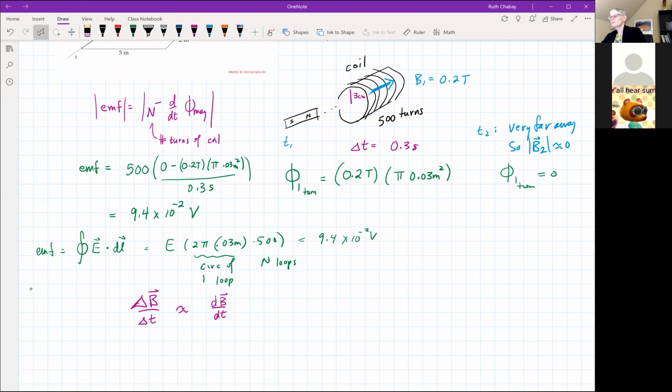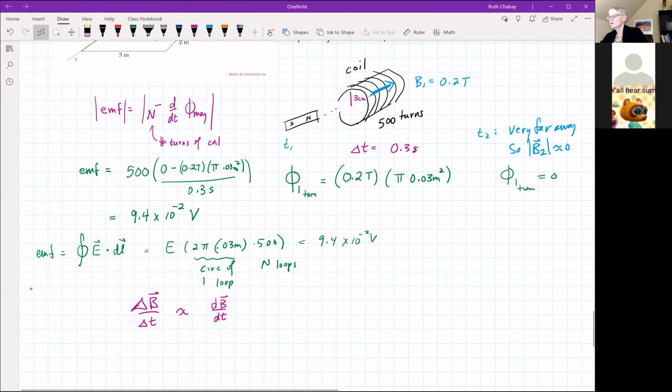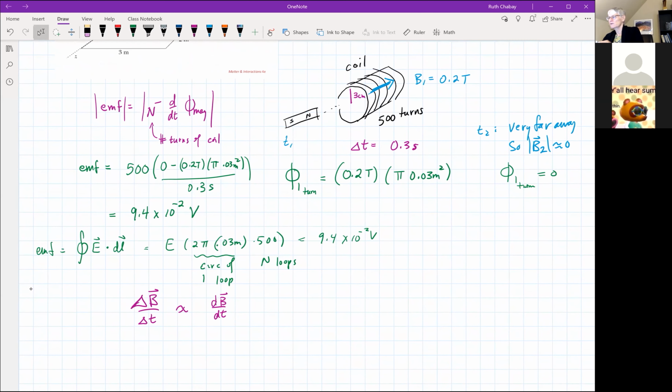Okay, so what would be the direction that conventional current would run in this coil during the time we're moving this magnet? Well, we need to go back to our right-hand rule. So we had B1 in that direction.